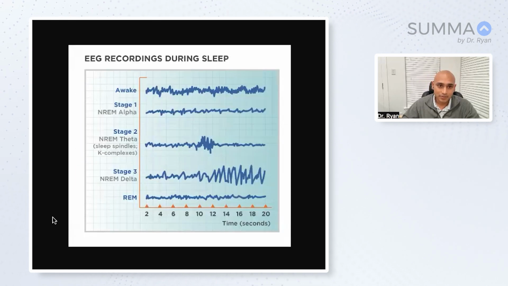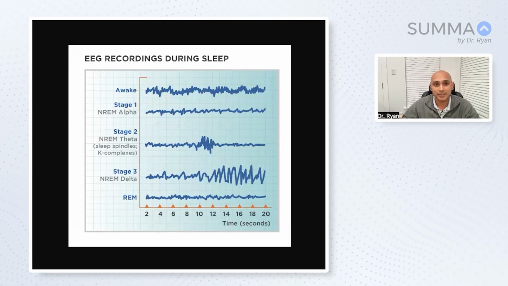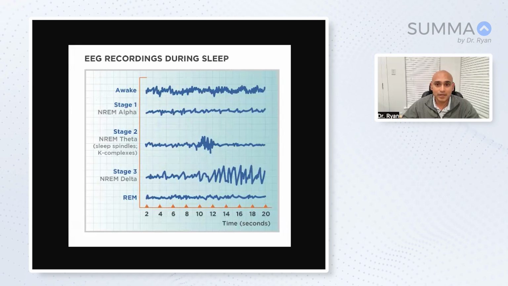So just to reiterate about the different stages here, this is an EEG, an electroencephalogram, and it basically looks at electrical discharges in your brain while you're sleeping, right? And that's where the information in regards to alpha, theta, and delta waves comes into place, because they refer to the waveforms that are present on EEG when you're sleeping.